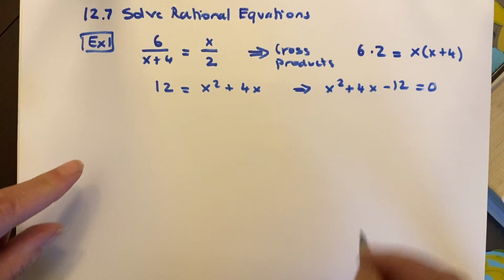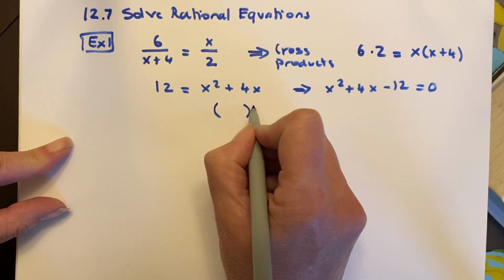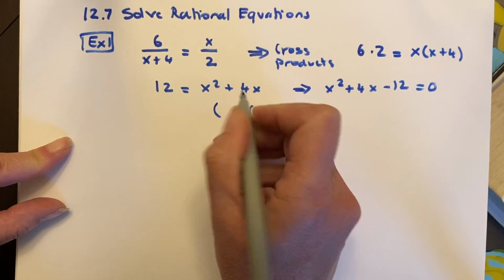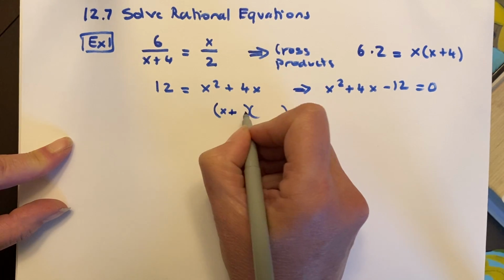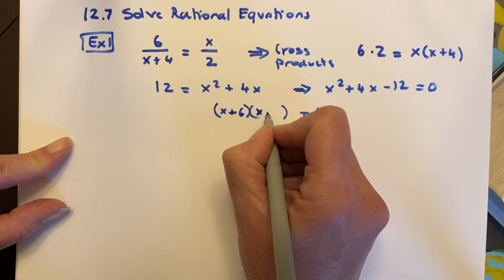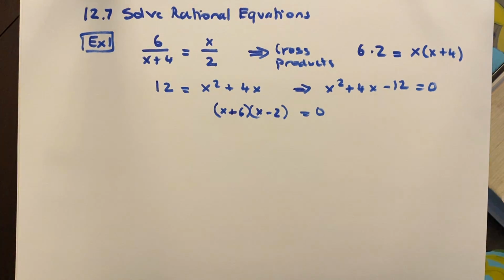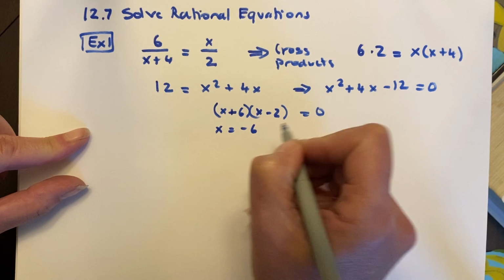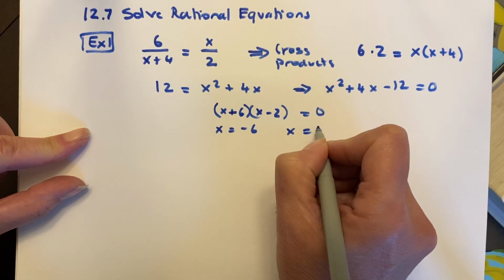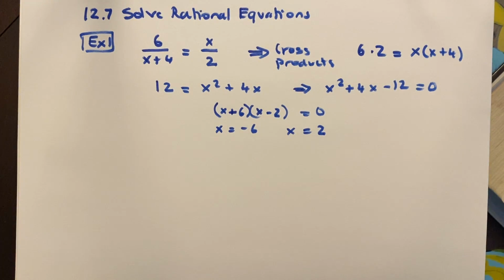You can factor this: x plus 6, x minus 2. And you can see that your answers are either going to be x equals -6 or x equals +2. Okay, not too hard so far.